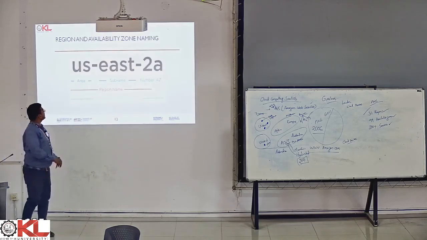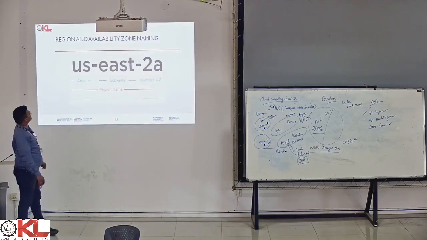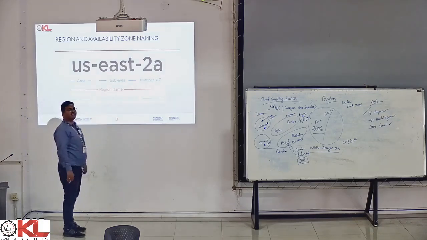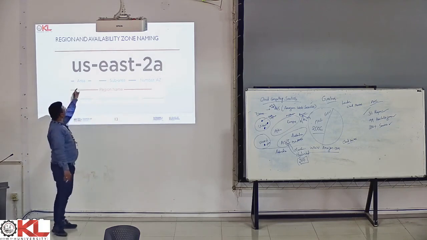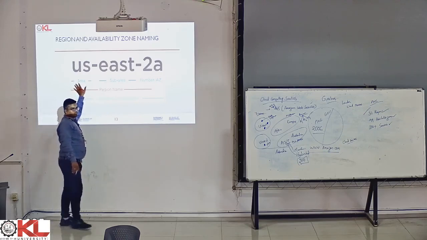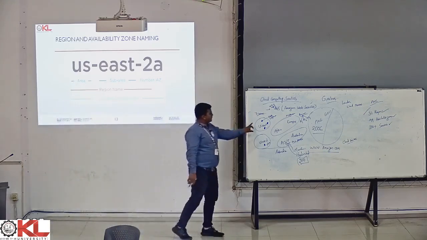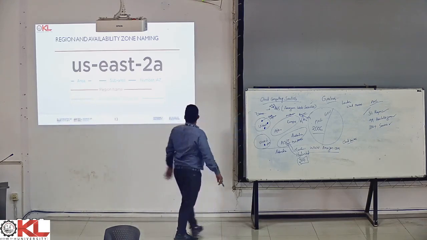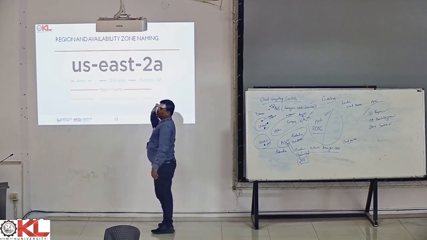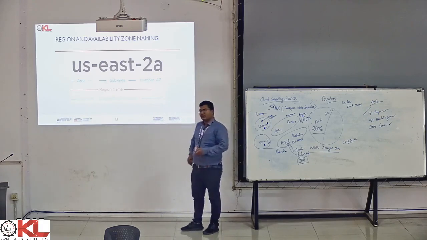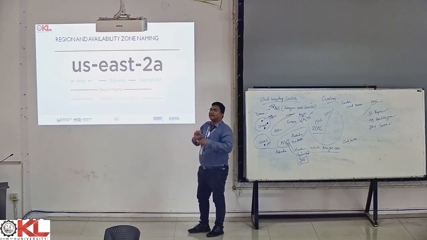If you see the complete picture of the representation of region and available zone naming, this is compulsory for every service you are learning. US East 2A is one example. This part is called an area, US East, because this is East 1. And 2A, 2B, 2C, like that, depends on the number of available zones.